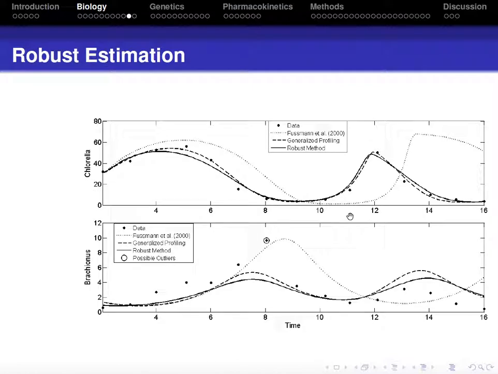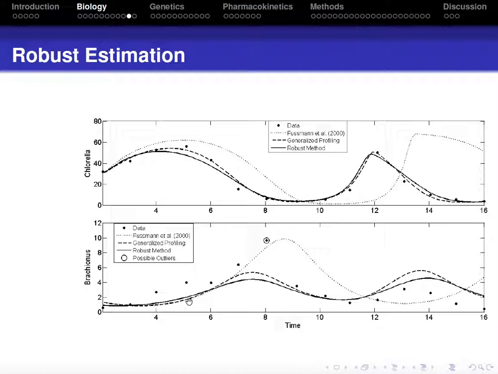So this is one thing. The second thing is that we can push even further. You can see here the dashed lines are the ODE solution with our estimated parameters, and it's pretty close to the data, right?